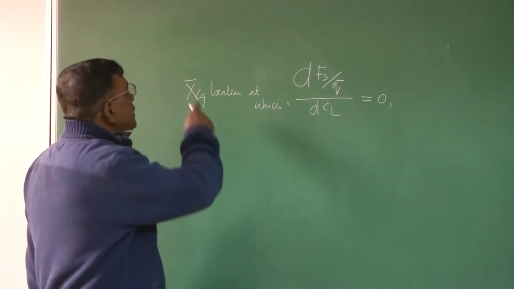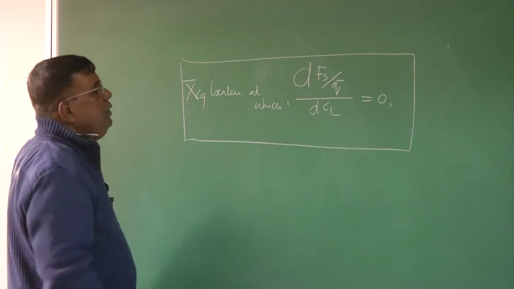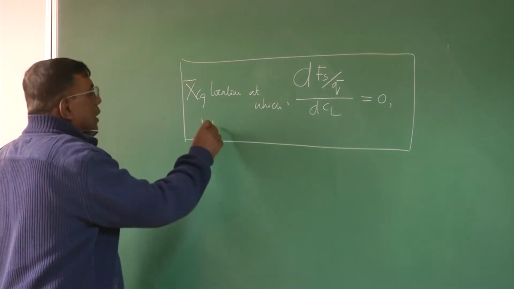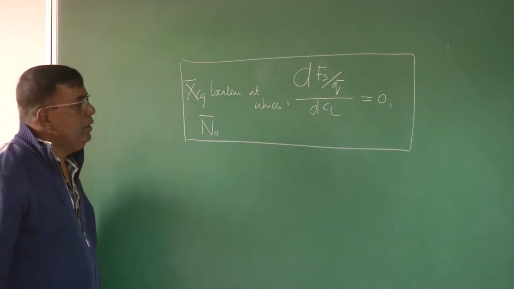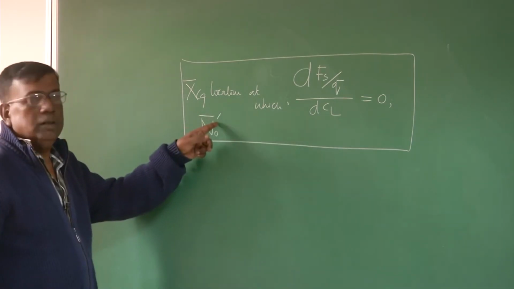This is the mathematical basis to determine N0 bar, the stick-free neutral point, and generally for stick-free we put a hash here.